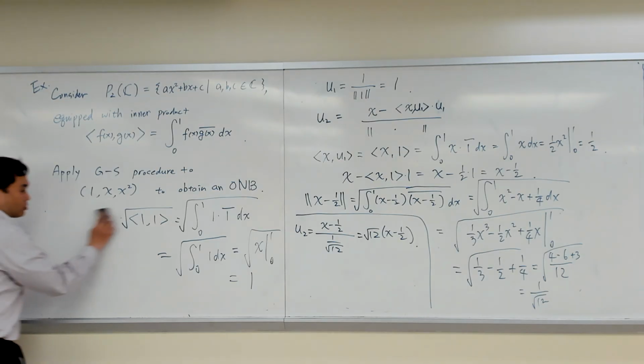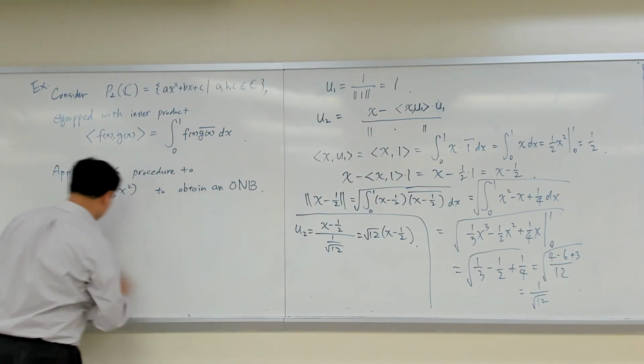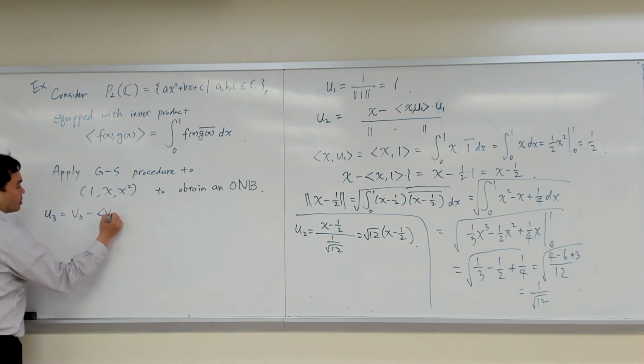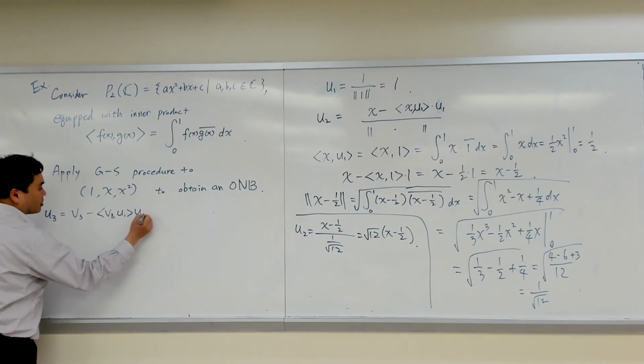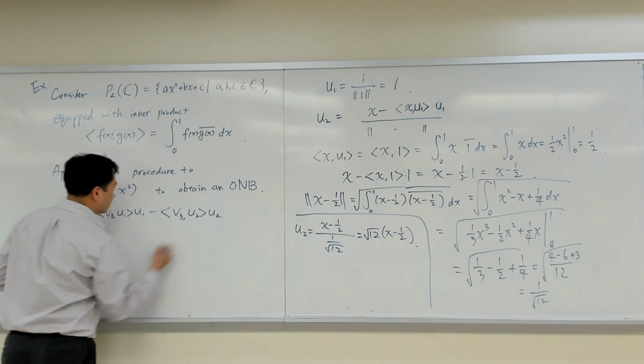Now we still need to do u3, and that's a challenge. u3 is going to be v3 minus the inner product of v3 and u1 times u1, minus the inner product of v3 and u2 times u2.